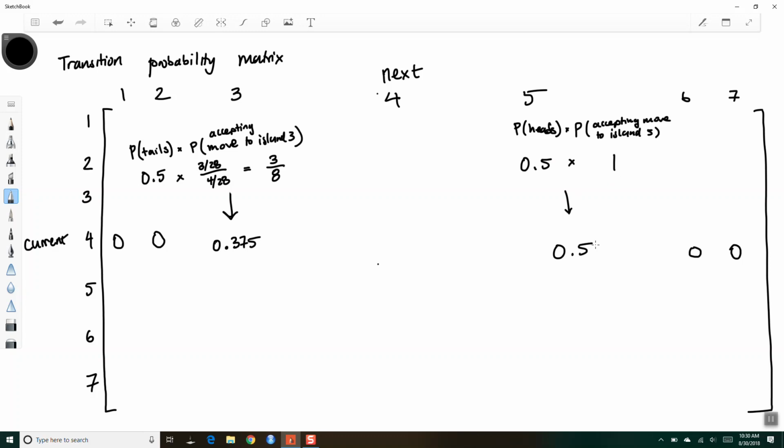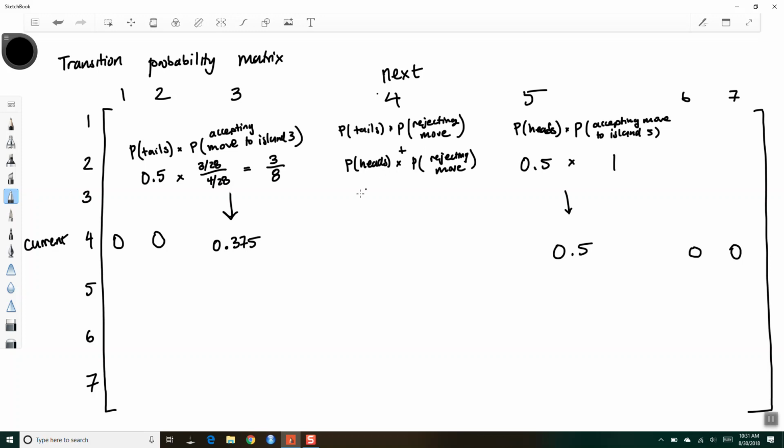Okay, and then ending up at island 4, well, one simple way is we just say everything has to add up to 1, so it has to be 0.125, okay? Or we could say there are 2 ways we end up at island 4. One is we flip tails and we multiply by the probability of rejecting the move, plus the probability of heads multiplied by the probability of rejecting the move.